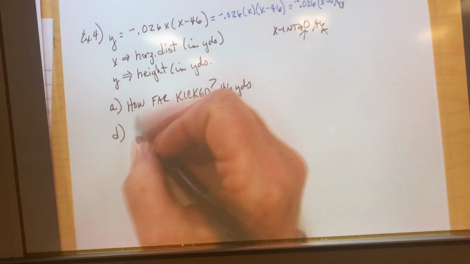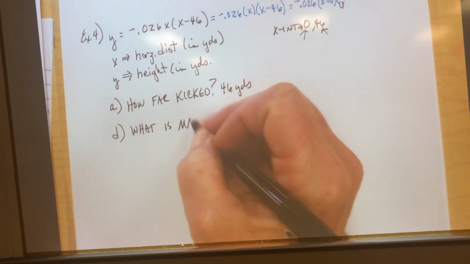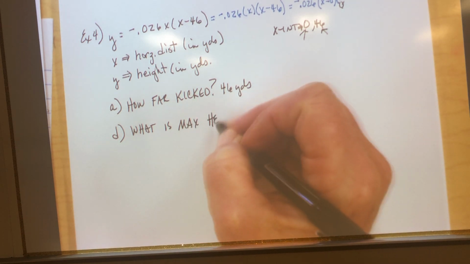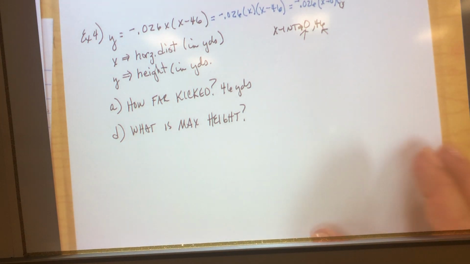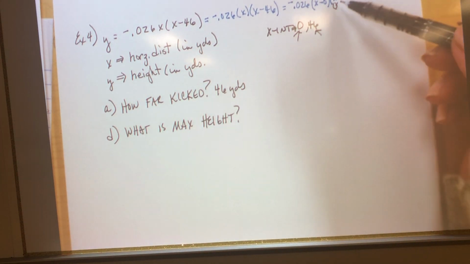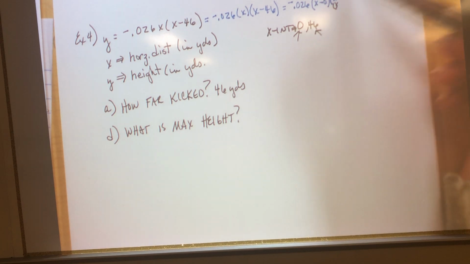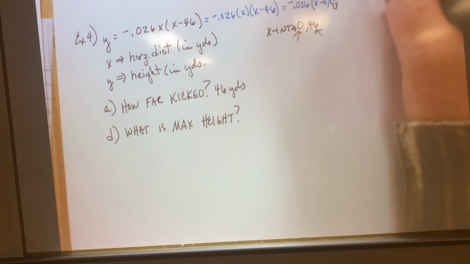B wants to know what is the maximum height. Okay, what is the maximum height? Now, where is the maximum height going to occur on this curve? What is that point? That's exactly right. So that is my vertex.